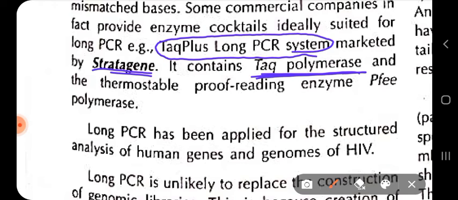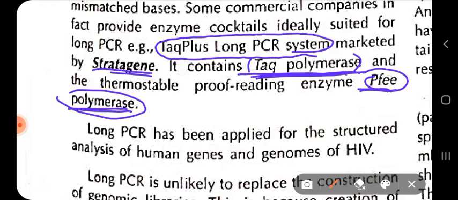One is Taq polymerase, and they have also used Pfu polymerase. Taq polymerase, you know, is a thermostable DNA polymerase, and Pfu DNA polymerase provides the proofreading mechanism. So there will be no chance of incorporating mismatches, because by the proofreading activity, it will check that the incoming nucleotides correctly match with the template base.